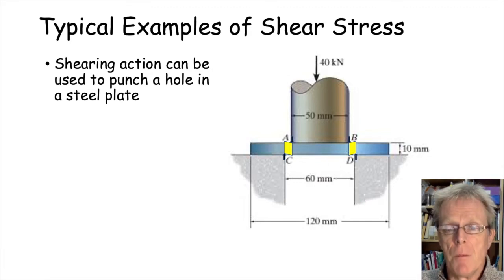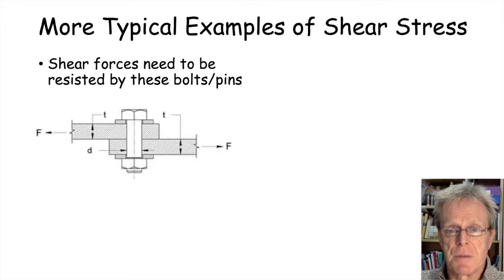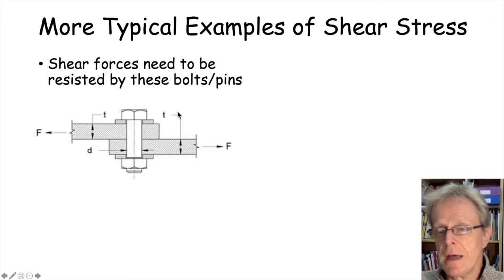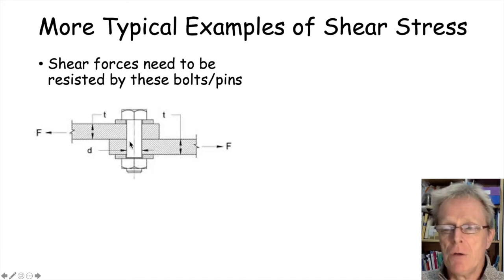Another example of shear stress is this one here, where we've got two forces, one acting on the bottom plate pulling to the right and one acting on the top plate pulling to the left, and the only thing that stops them sliding apart is the cross-sectional area of the bolt here. This is the thing that actually stops it from pulling apart, and that is called single shear because we've only got one surface area resisting the shear.